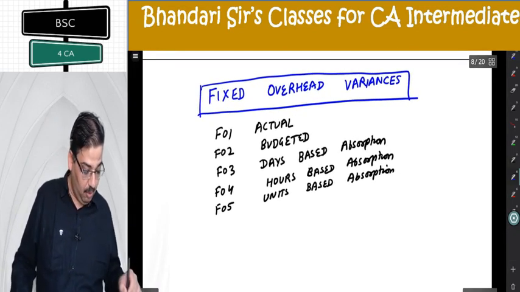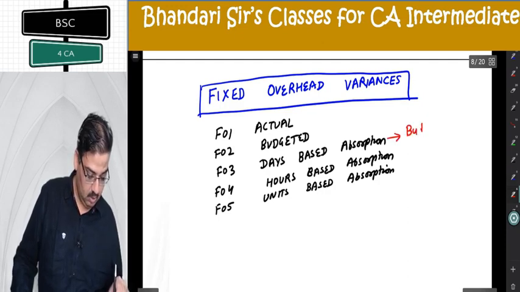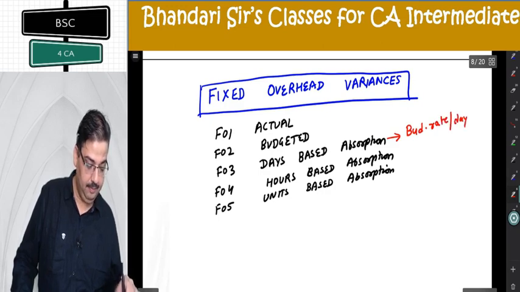In day based absorption, budgeted rate per day multiplied by actual days.